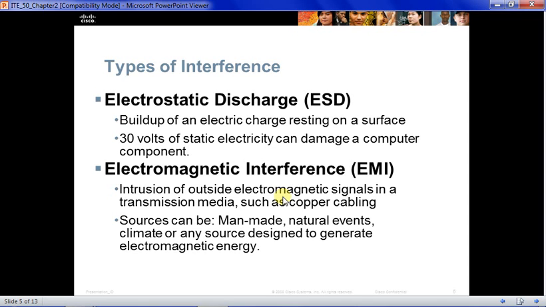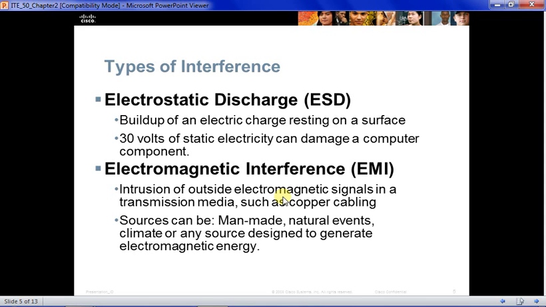When we feel static electricity, when you touch something and you get a shock, that's actually 3,000 volts that you're feeling. So it doesn't take a lot to affect our computers. To protect them, we'll use anti-static wristbands and anti-static mats.